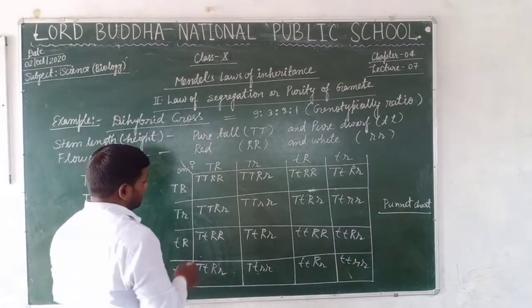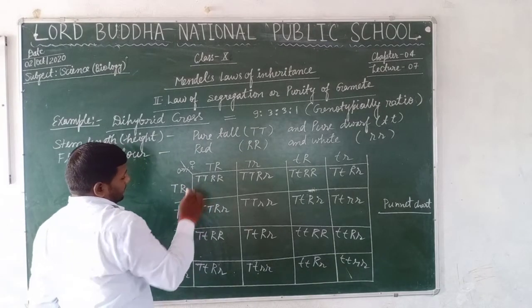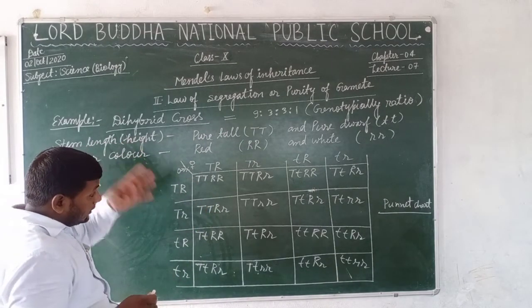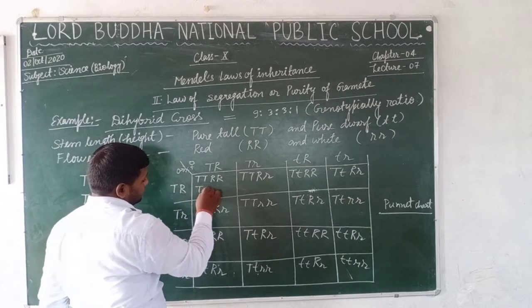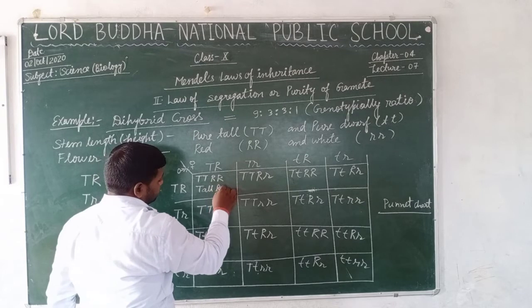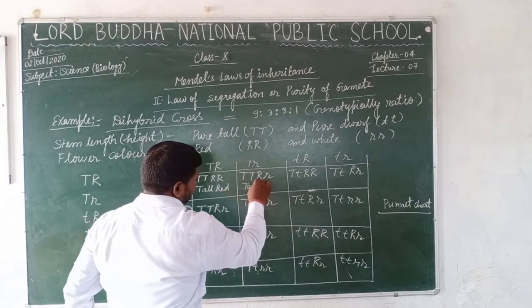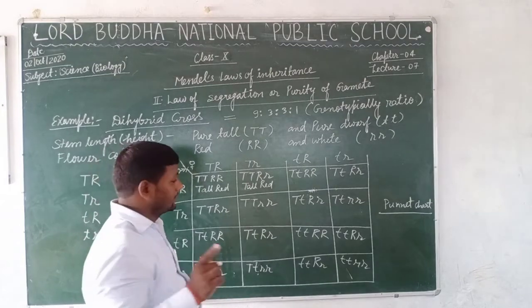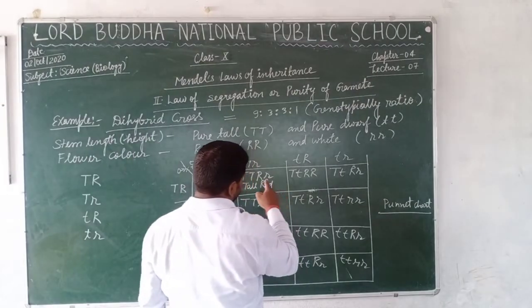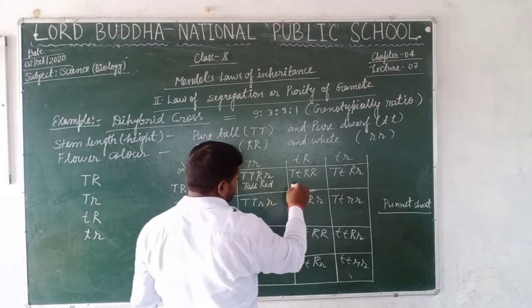So students, now we are going to name these plants. This is tall red, also tall red, because capital R is the dominant trait and small r is the recessive that is masked by the dominant trait.